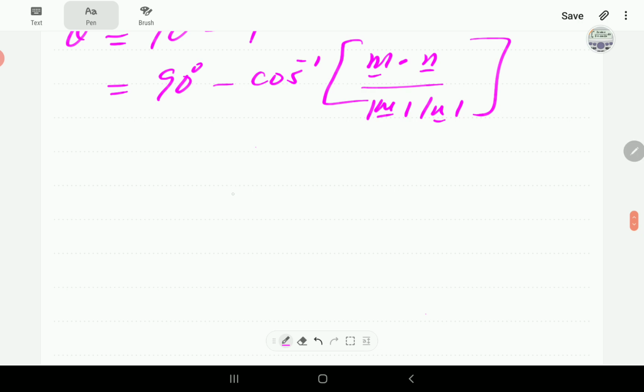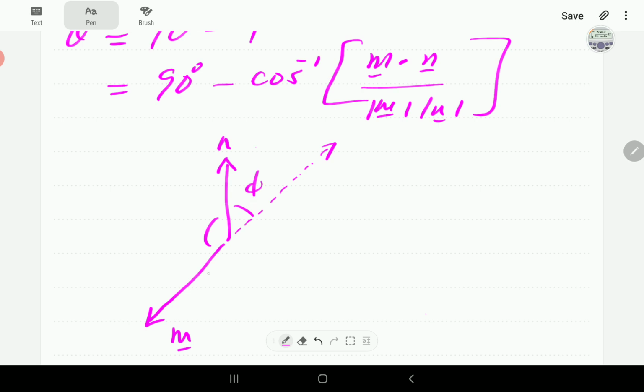It is telling us that if n is like this, and our direction vector is like that, it's giving us this angle here, but we want this one.